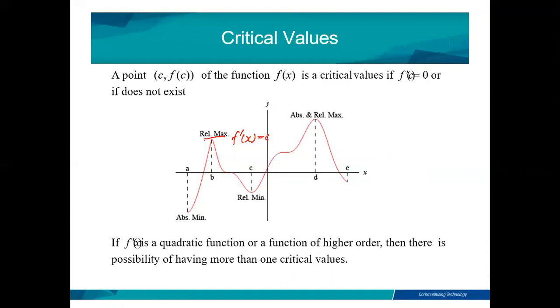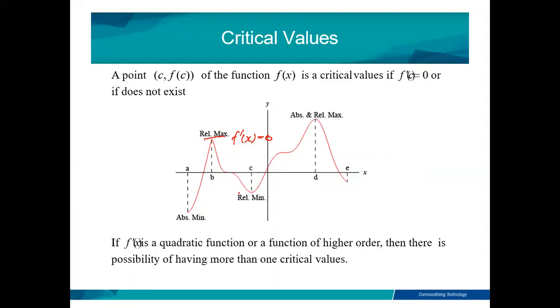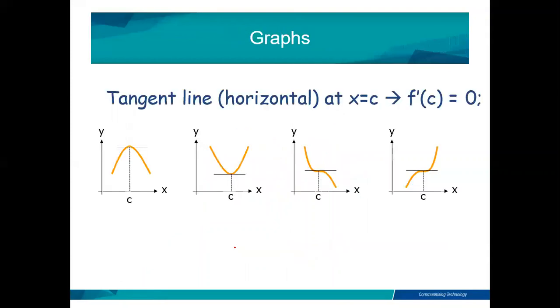This one also, f prime is equal to 0. If the function is a quadratic function or a function of a higher order, there is a possibility of having more than one critical value.